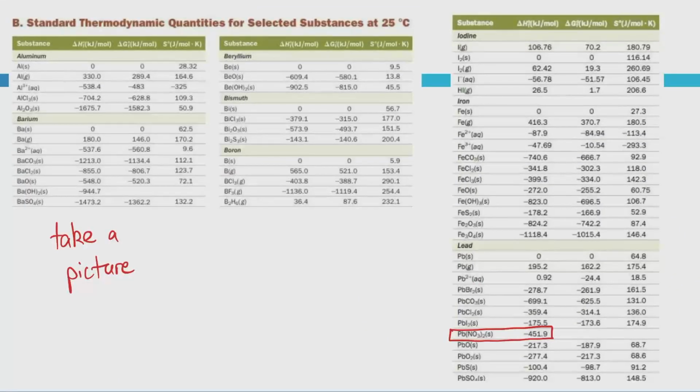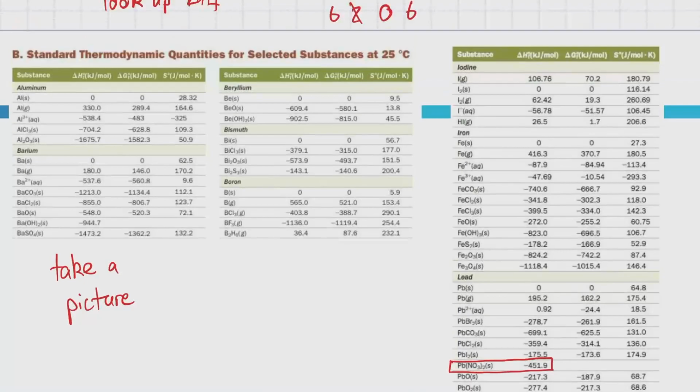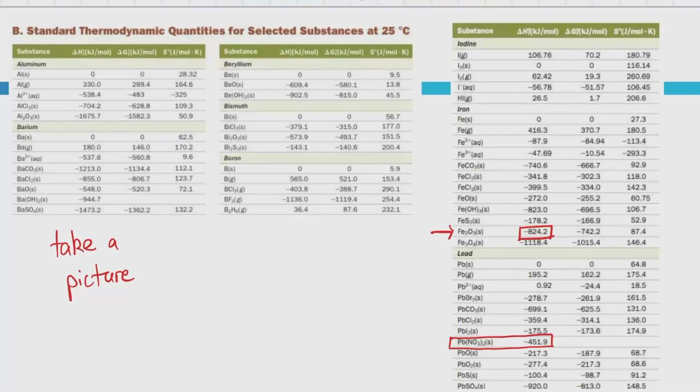So we've got our iron over here. We've got Fe2O3, with a value of negative 824.2. We also have, for aluminum oxide, this negative 1,675.7. So those are the two values that we care about.